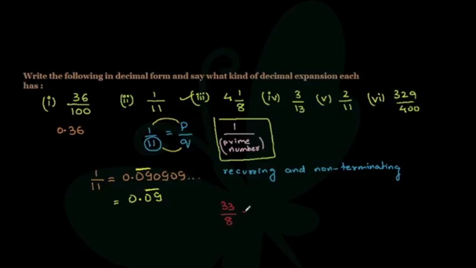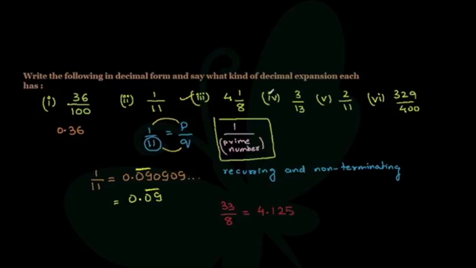This has a decimal expansion which is terminating, and if you calculate it using long division, you would get 4.125. So the decimal expansion terminates after 3 decimal places. Therefore we can say 33 upon 8 is a rational number.